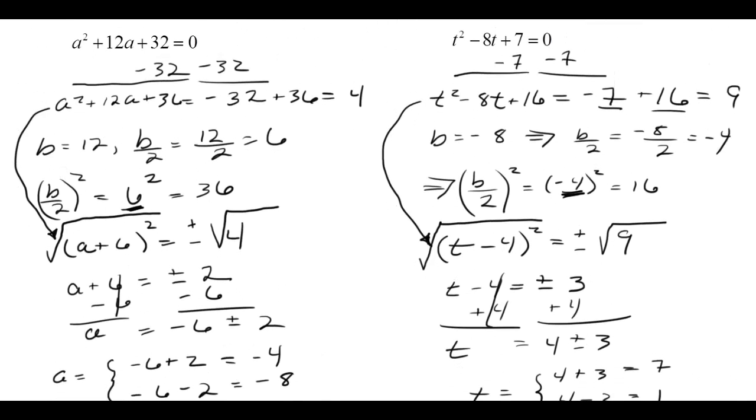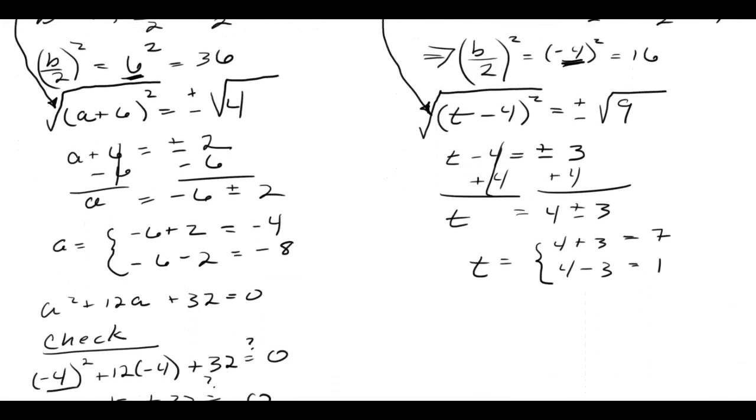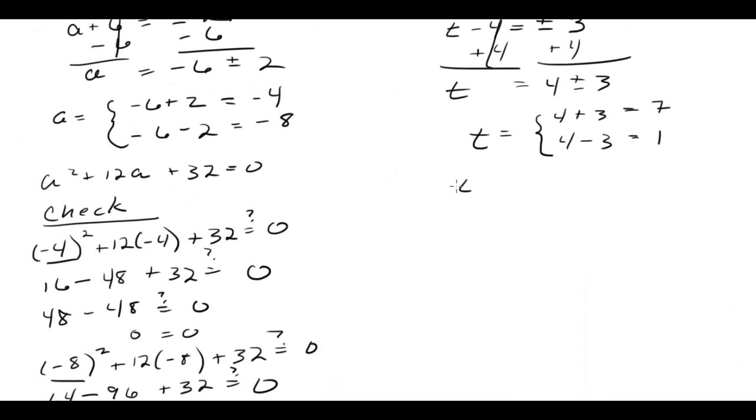what's our original? T squared minus 8t plus 7 equals 0. So let's check for t equals 7.